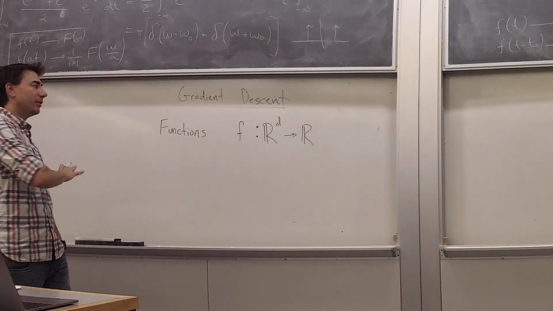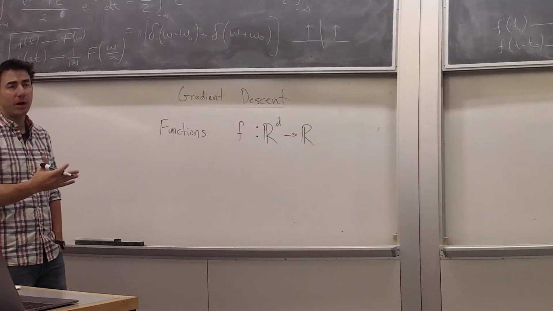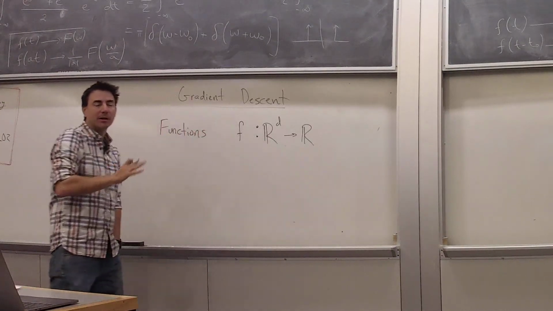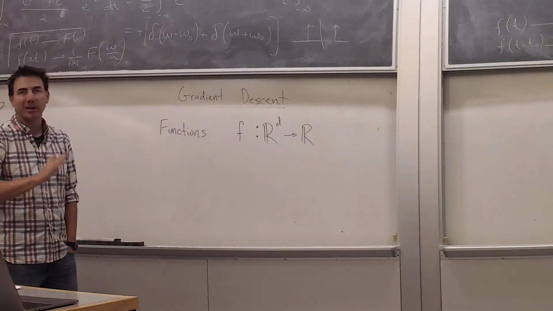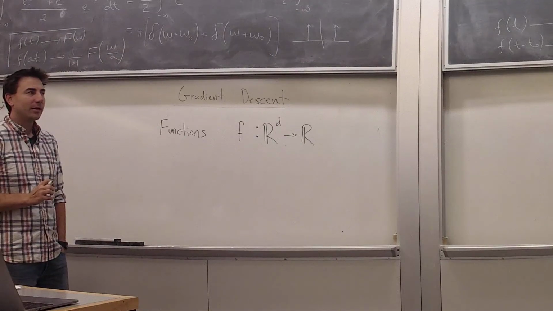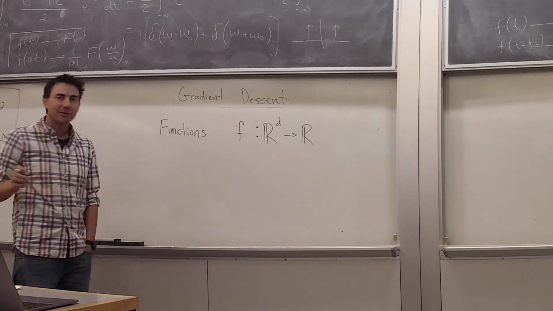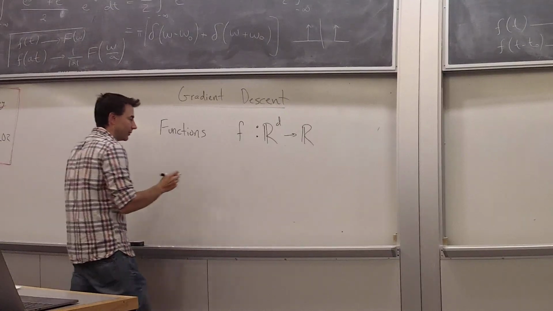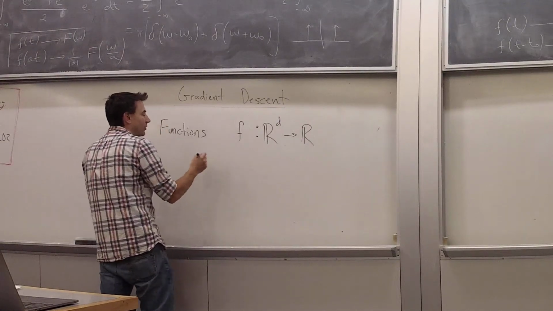You can define gradient descent and other problems over more complex scenarios than this, but this is what we'll talk about. It's the most common because it is the easiest to work with, but you can define this more generally if you want to.